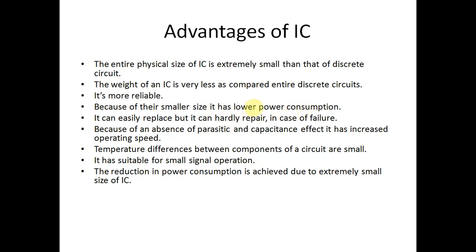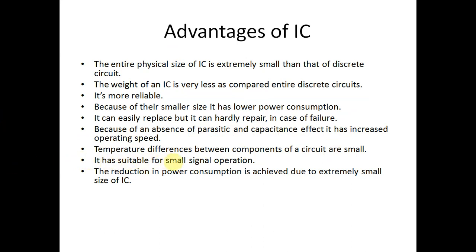It can easily be replaced, but can hardly be repaired in case of failure. IC size is very small, so if it is damaged, it is easily replaced. Because of the absence of parasitic capacitance effect, it has increased operating speed. Temperature differences between components of a circuit are small.